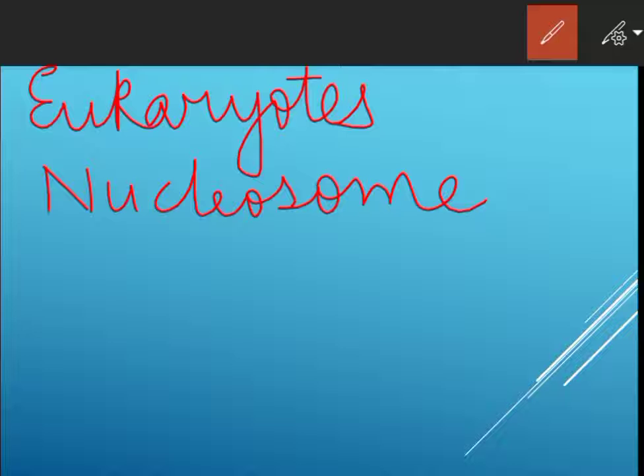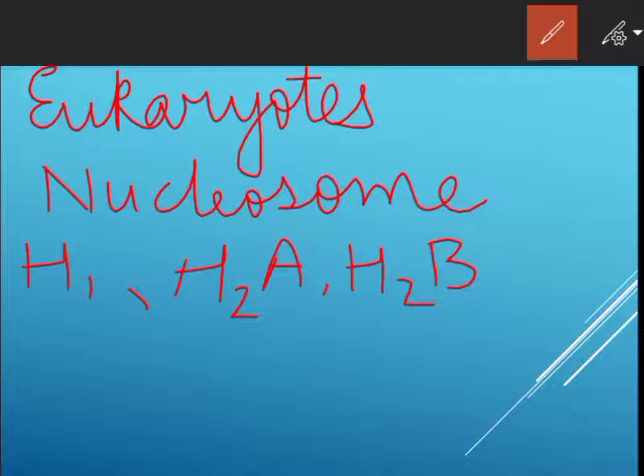There are 5 types of histone proteins: H1, H2A, H2B, H3 and H4.